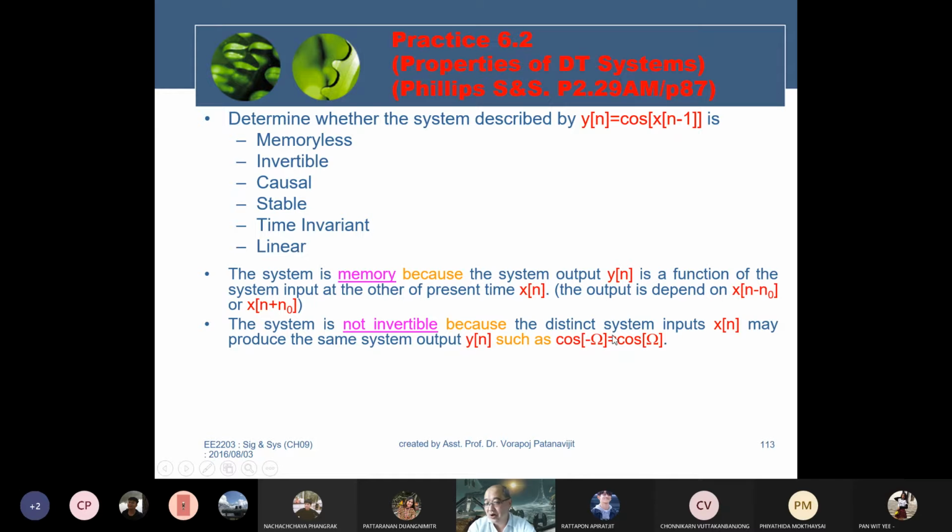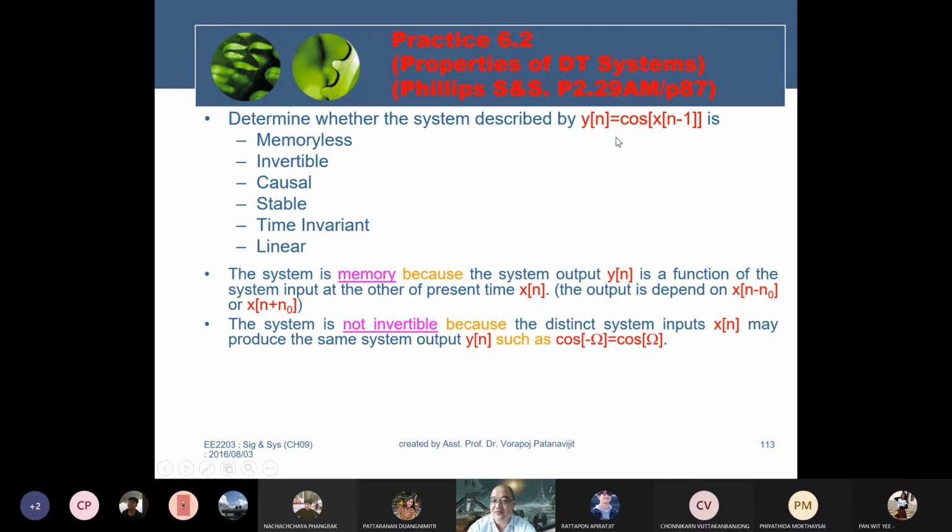For example, cos 90 degrees equals 0, and cos of minus 90 degrees is equal to 0 too. Therefore, when the input comes, you never know what the input is. If the output is equal to 0, the input may be 90 degrees or minus 90 degrees. You never know exactly.